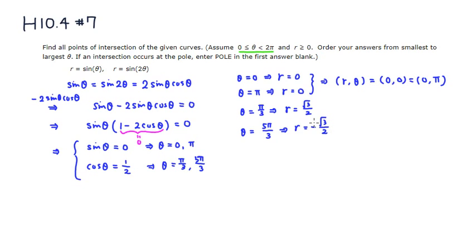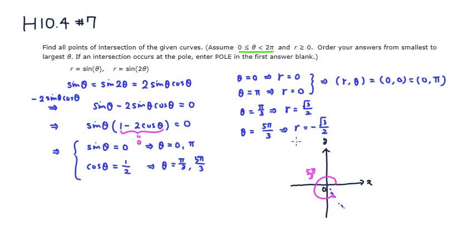So maybe I should draw a picture here. The angle is 5 pi over 3, so the angle is over here. You go 5 pi over 3, and it goes like that.